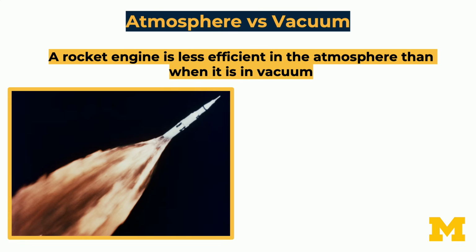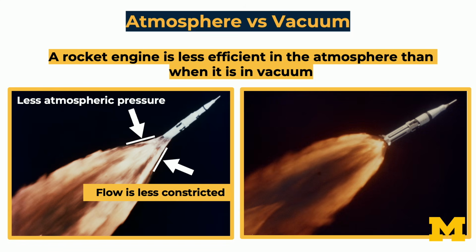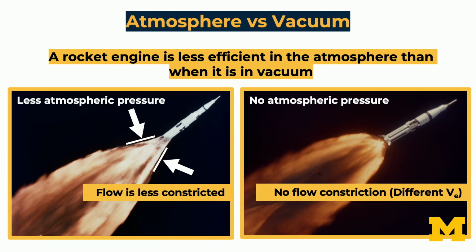If you look at a rocket launch, you will see as it goes up, the plume becomes bigger and bigger. So that first stage has to go through this atmospheric restriction region, and so it's basically inherently less efficient because it has to go through all of these different parts of the atmosphere.